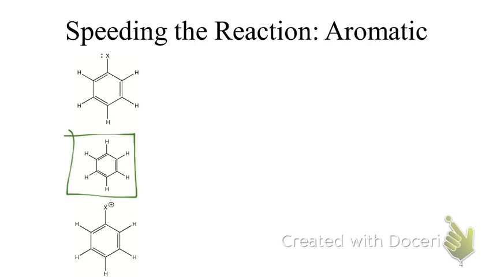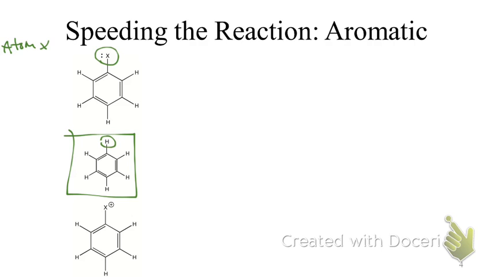What changed when we moved from our center benzene ring to the top one? What have we added to our structure? We're going to swap, or substitute, an atom X. What's different about atom X? Anybody see a difference between atom X and our hydrogen atom?